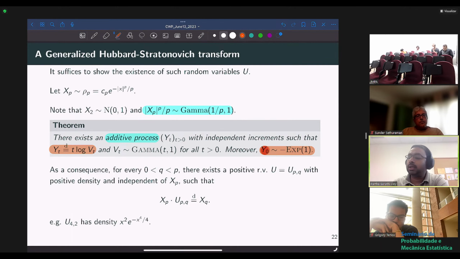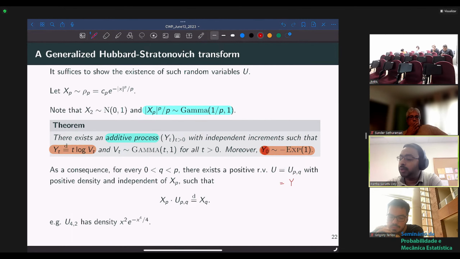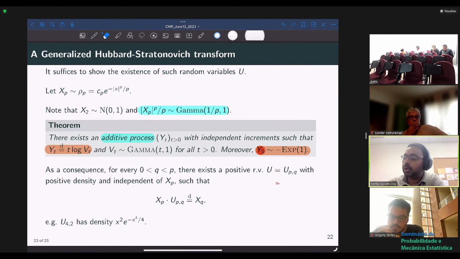So to create that u, what we did is we look at u given by the difference of this y at 1 over p and 1 over q. So this u will be the exponential of y at the point 1 over p, 1 over q, minus y at 1 over p.